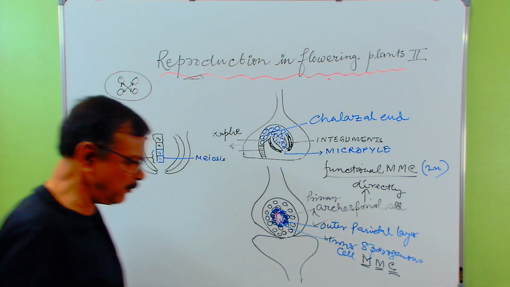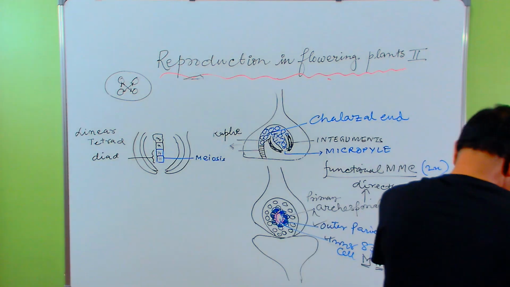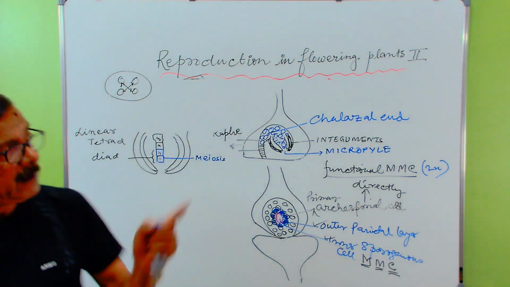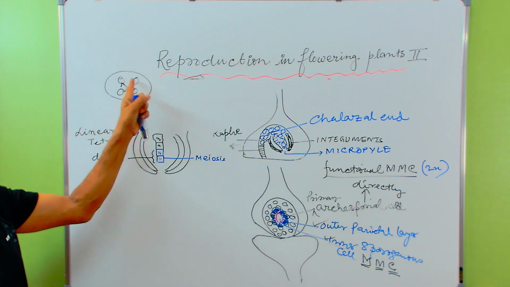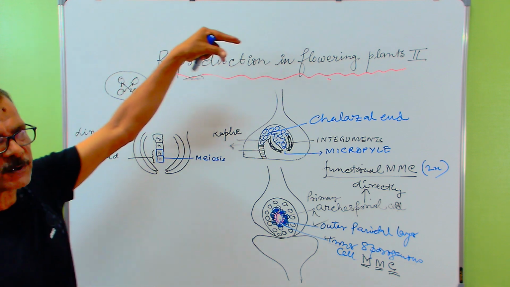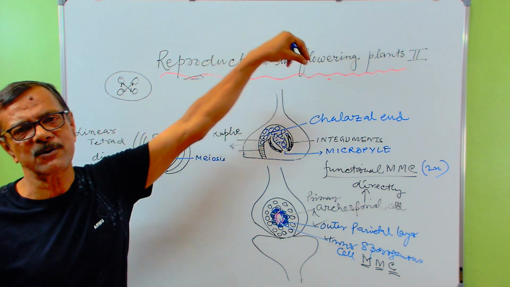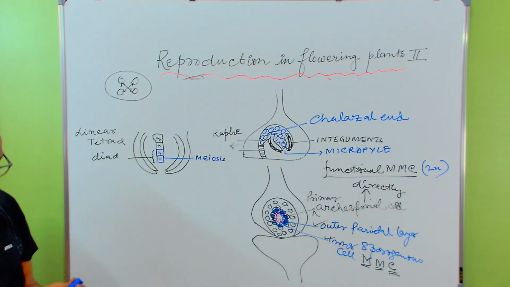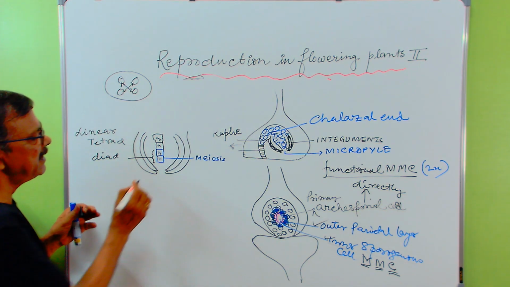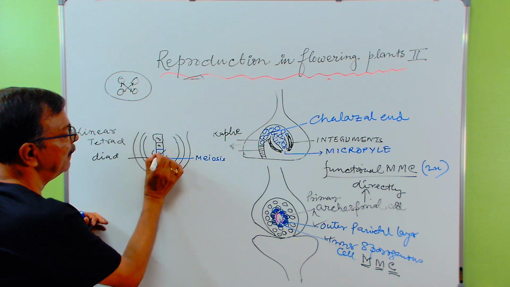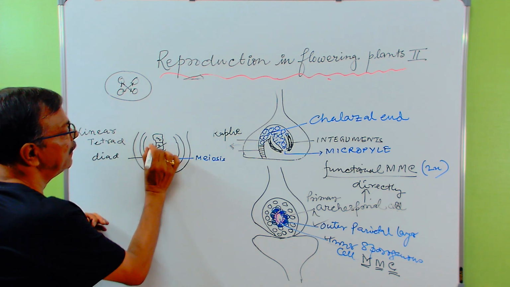Now out of these 4, the magic is that in the male case, each and every nucleus undergoes processing and becomes a microspore or pollen grain. But in this case, 3 disintegrate. 1, 2, 3.